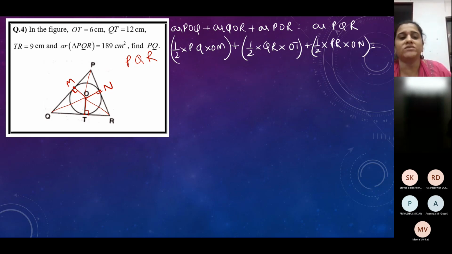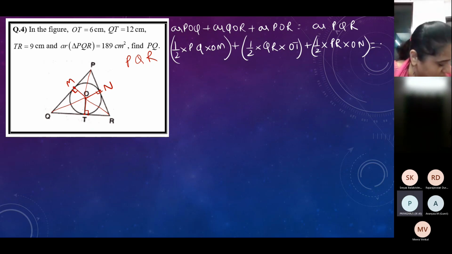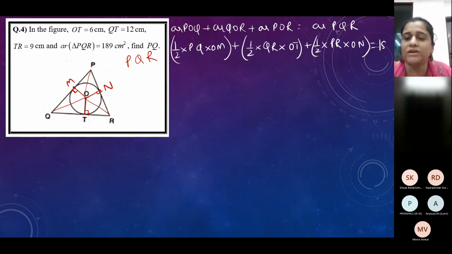Is equal to, what is the area of triangle PQR given? We are already given the area of triangle PQR. How much is it? 189 centimeters square. Is equal to 189. For PQR, you don't have to write half base into height, as we already know the area is 189.